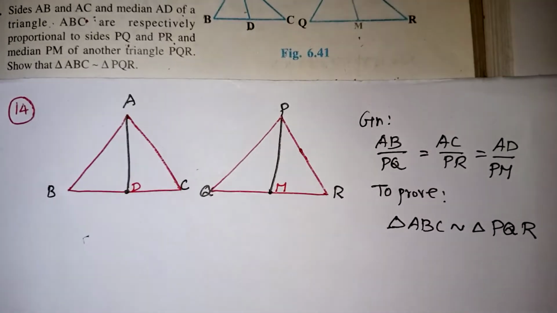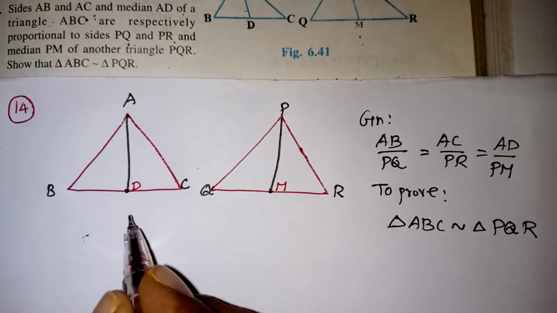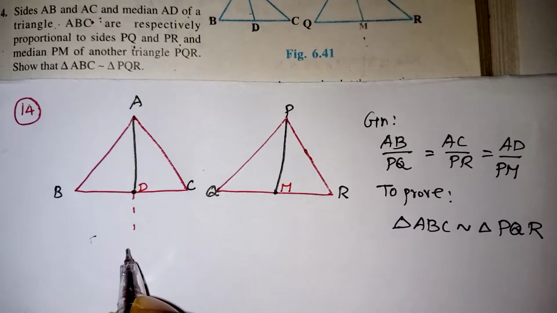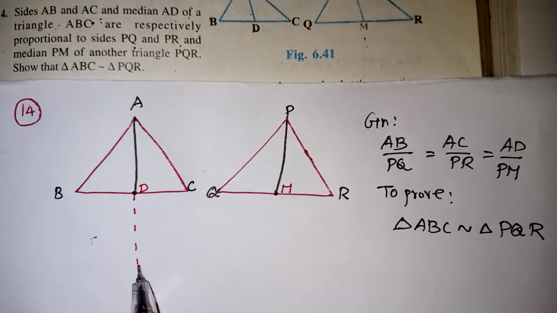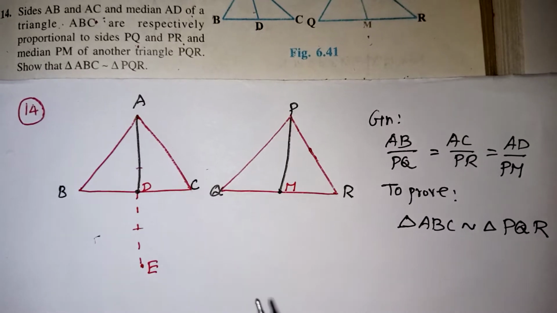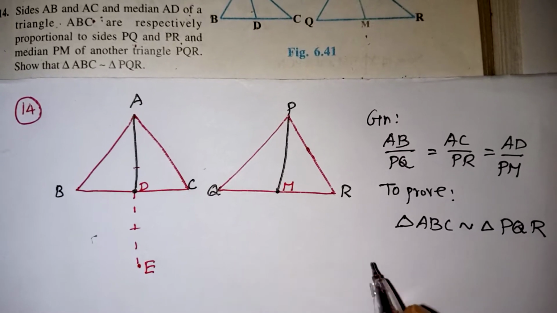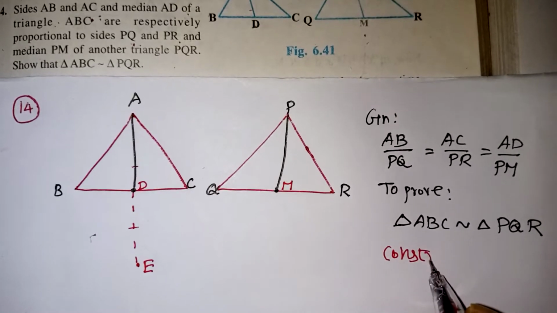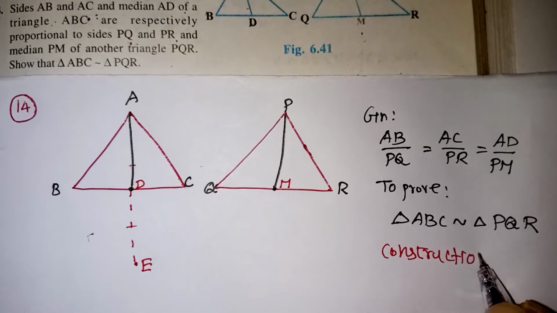So the construction we are going to do is, we are going to extend the AD line to some point. Let us take E here, so that AD and DE lengths are equal. That is the construction we are doing here. Without construction we cannot prove it, so definitely you have to construct something.